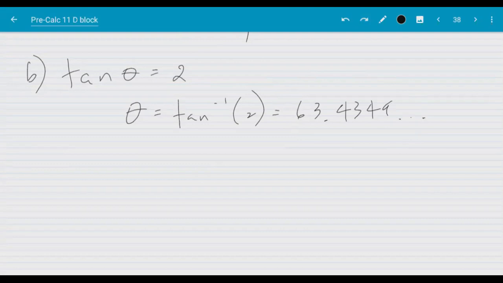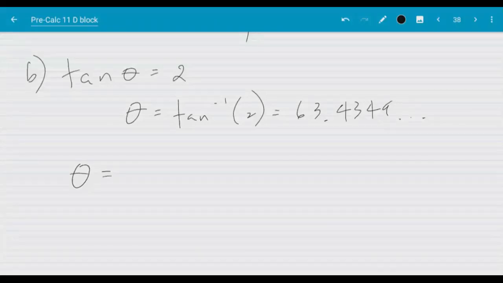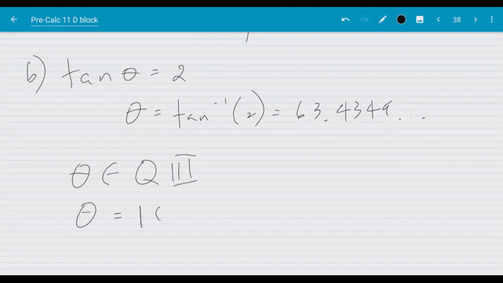Therefore, your actual theta, since theta is in quadrant 3, will be equal to 180 plus that reference angle. I think it is to the nearest degree, so let's just say it's 63. So it would be about 243 degrees.